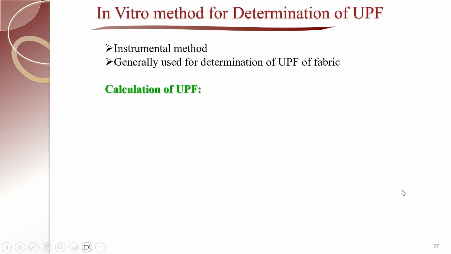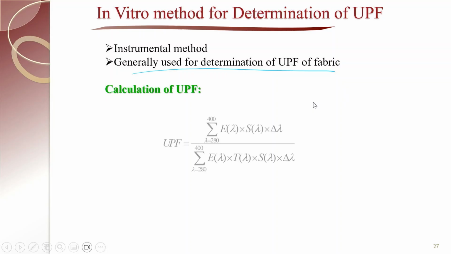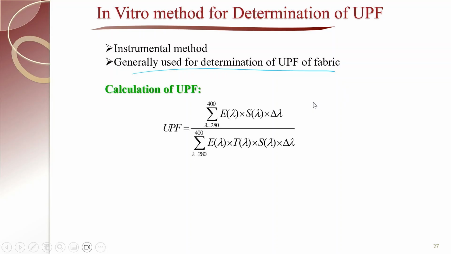Now, the measurement techniques. Basically, the in vitro method is used for determining the UPF value. In the in vitro method we use an instrumental method, generally used for determining the UPF of fabric. You can see the calculation here. With the help of this equation we calculate it.